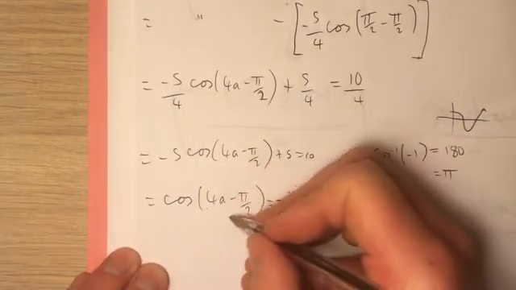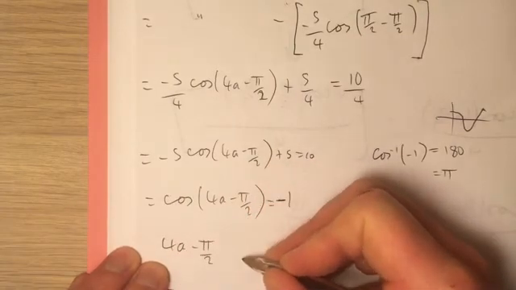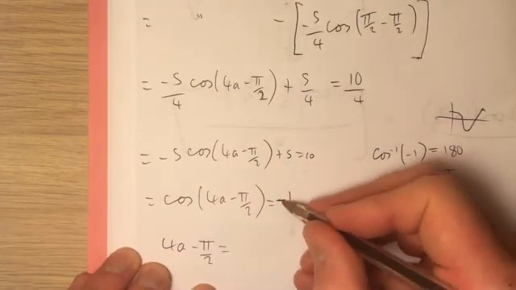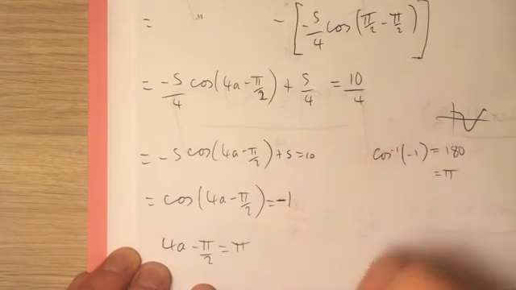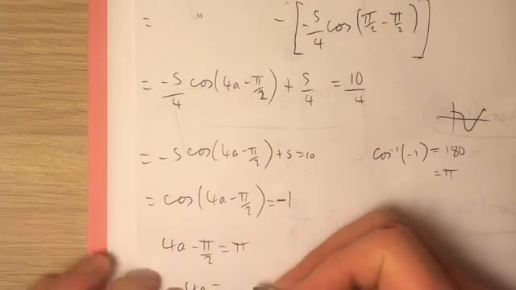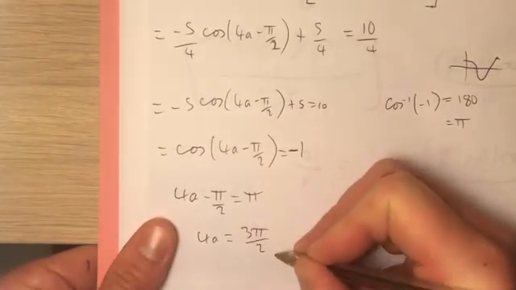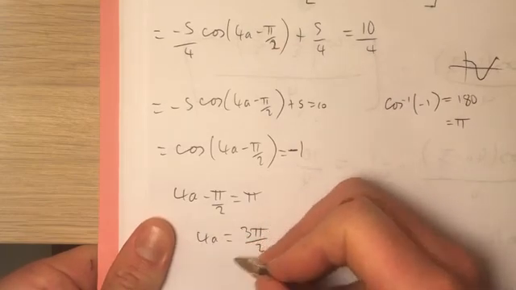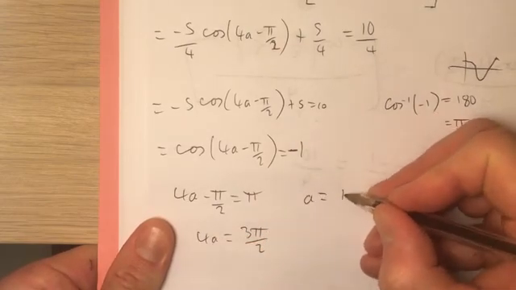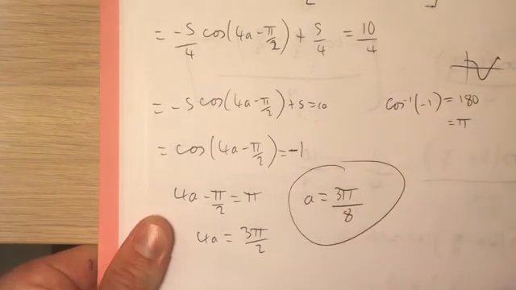So I've got 4a minus pi over 2 equals pi. Add that on there, and I've got 4a is going to be 3 pi over 2, divide by the 4, and I'm going to end up with a equals 3 pi over 8. How nice.